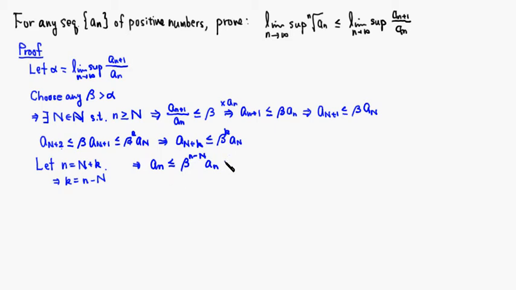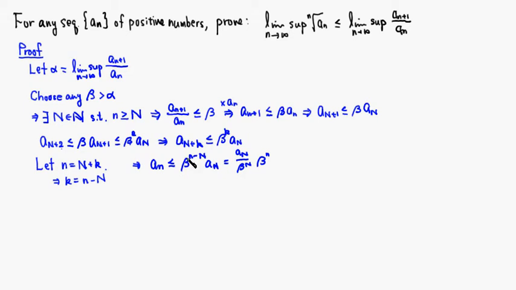I'm going to split it as beta to the n divided by beta to the capital N, times a_N. Then you have beta to the nth power.